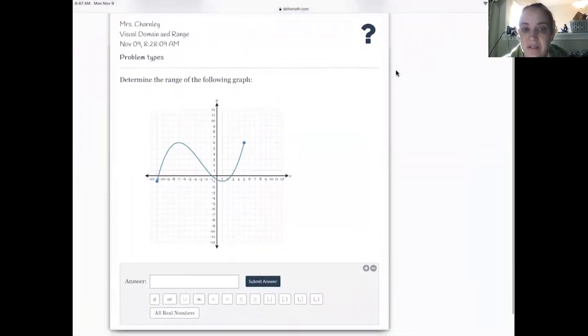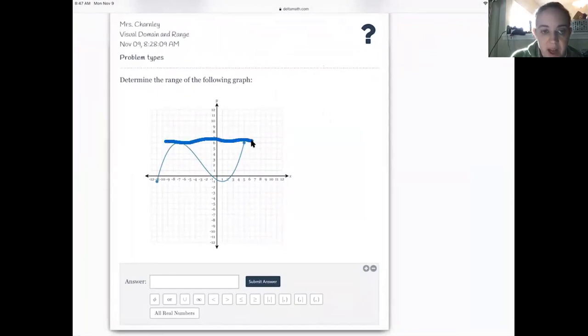Determine the range of the following graph. Now, I think I can mark this up a little bit for us. Range is your up and down values. So there's how high it goes, and here's how low it goes. So I know that's a little messy, but I'm going to type in -1.